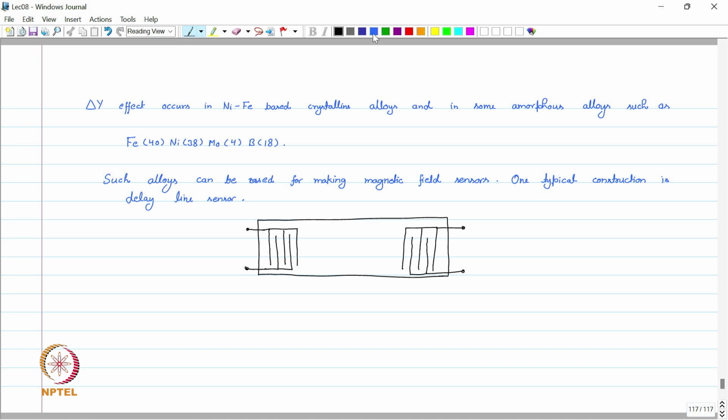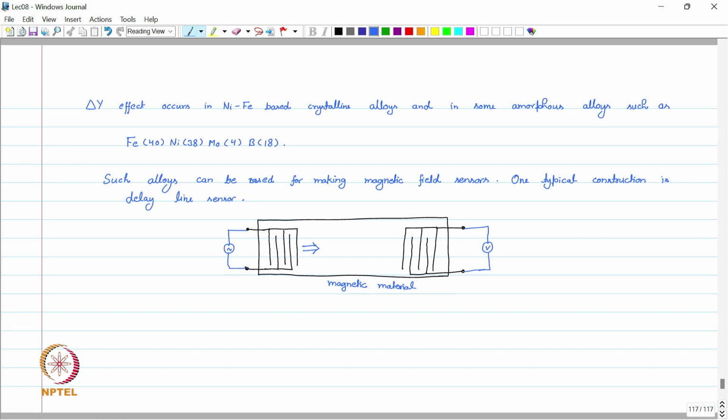So this is a typical delay line sensor, where in this case we have a magnetic material, and we apply an electric signal on the left, and we measure at the right side using some instrument, voltmeter or so, and there is a wave which is propagating on this material.